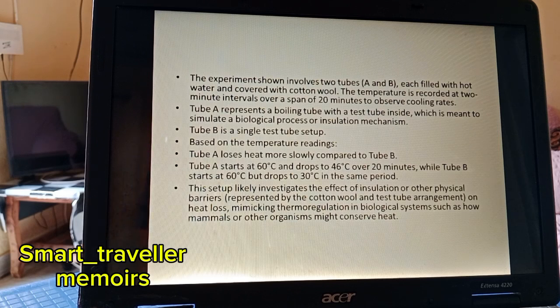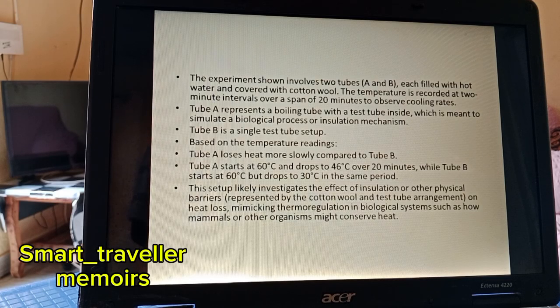Based on the temperature readings, tube A loses heat more slowly compared to tube B. Tube A starts at 60 degrees centigrade and drops to 46 degrees centigrade over 20 minutes, while tube B starts at 60 degrees centigrade but drops 30 degrees in the same period.